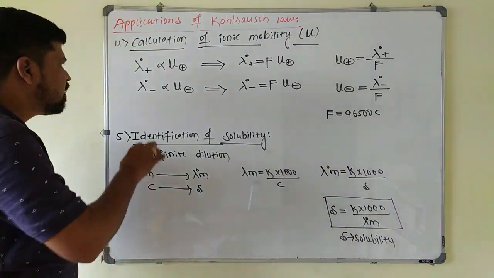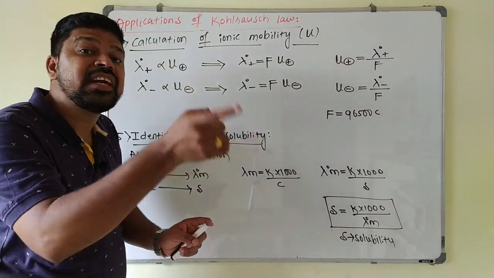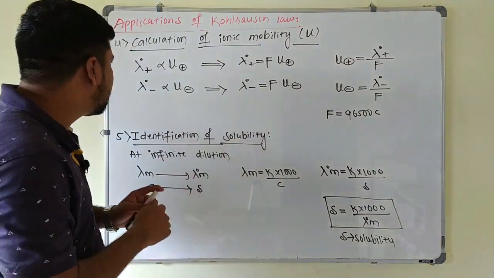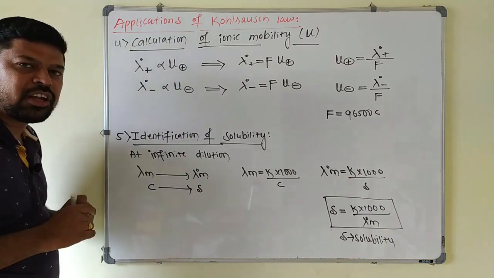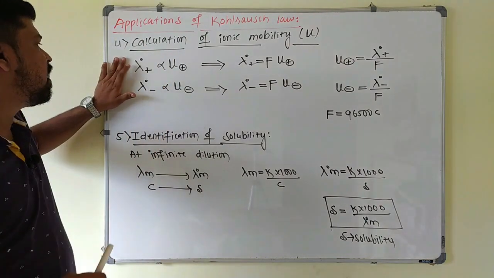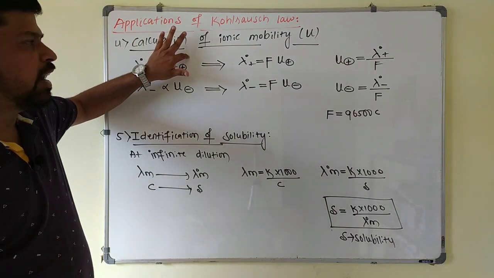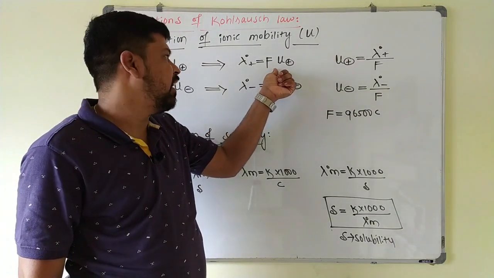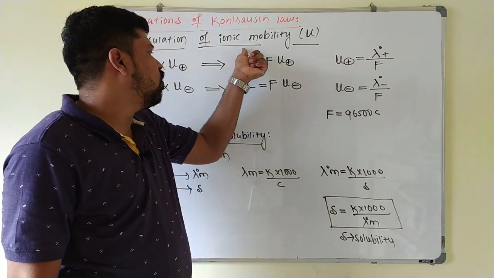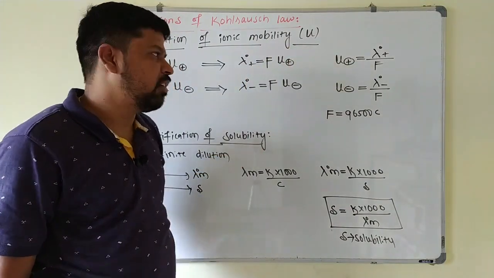So what we will take is limiting molar conductance. What is limiting molar conductance? The conductance at infinite dilution. So here what we are taking, limiting molar conductance is directly proportional to ionic mobility. Limiting molar conductance of cation is directly proportional to ionic mobility of cation. If you remove this proportionality sign, what you will get here? Again Faraday. So here limiting molar conductivity of cation is equal to Faraday into ionic mobility of cation.